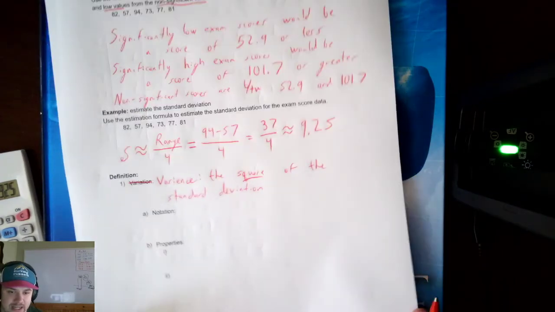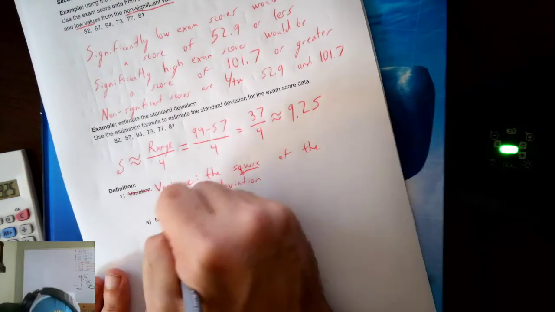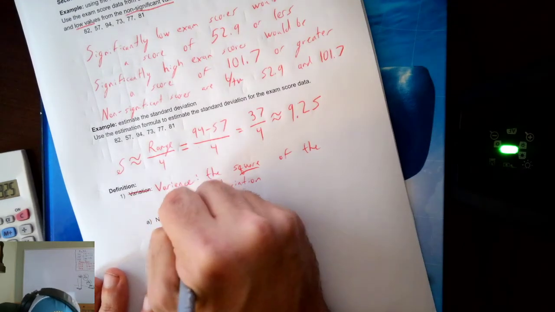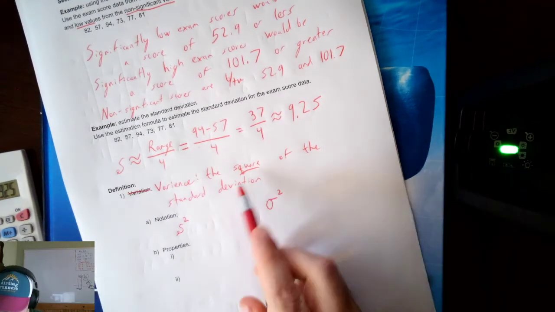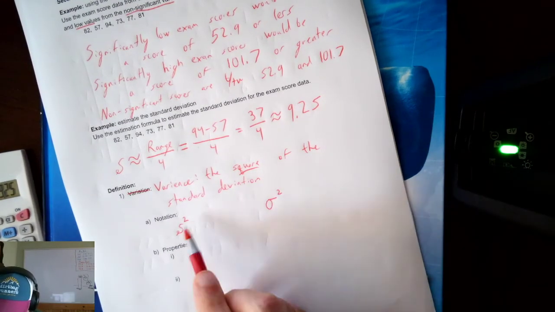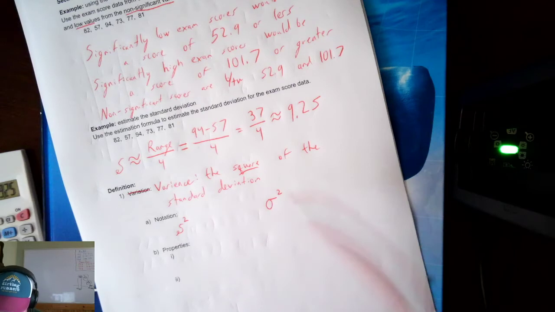It's directly related to the standard deviation. The symbol we use is either S squared or sigma squared. It's the square, so I put a square symbol on it, right? S squared or sigma squared.